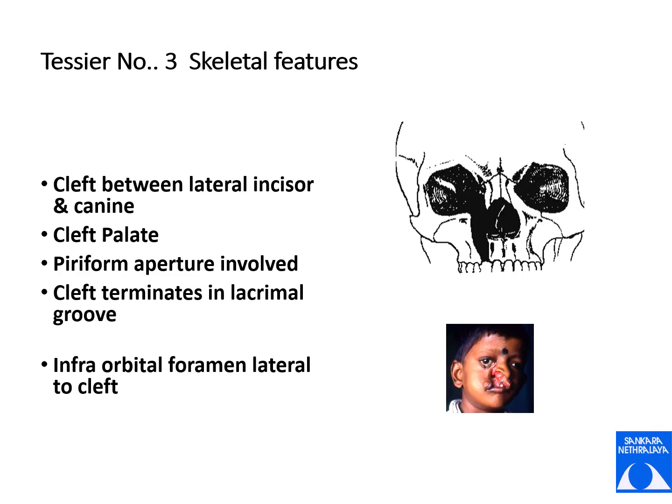Tessier number 3, the skeletal features. Cleft between lateral incisor and canine. Cleft palate. Pyriform aperture is involved. Cleft terminates in the lacrimal groove. Infraorbital foramen is lateral to the cleft.